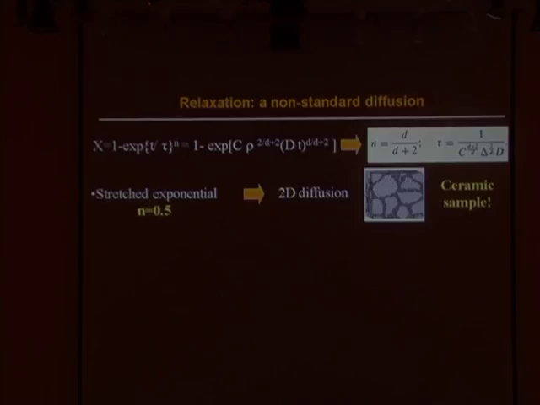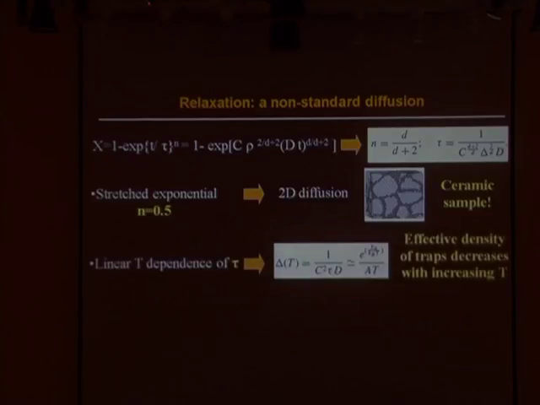And I think this is not very strange because you are dealing with a ceramic sample, so we have a lot of boundaries here. In this temperature range, near or below room temperature, the diffusion of oxygen is only associated with grain boundaries, because you cannot have diffusion in the bulk of this sample. You need more temperature for that. So it's reasonable to have oxygen diffusing only in between the grains.